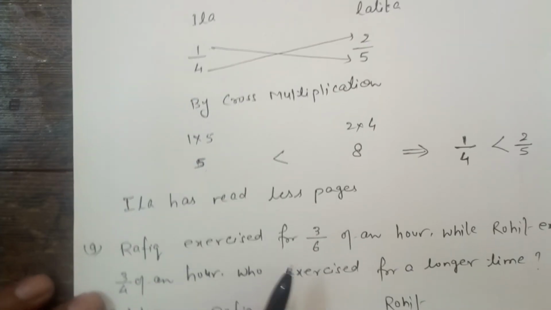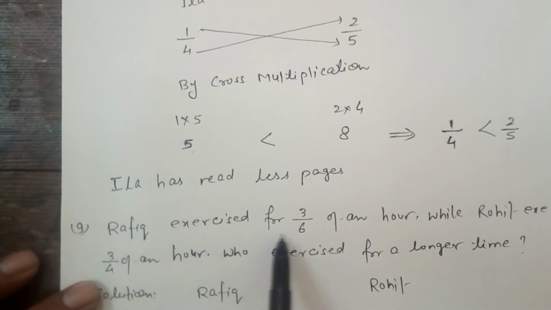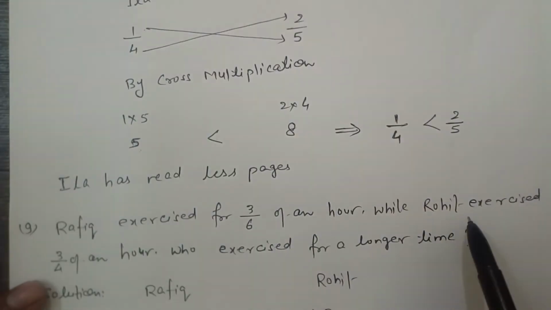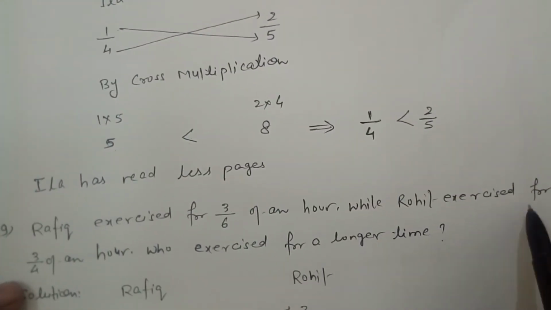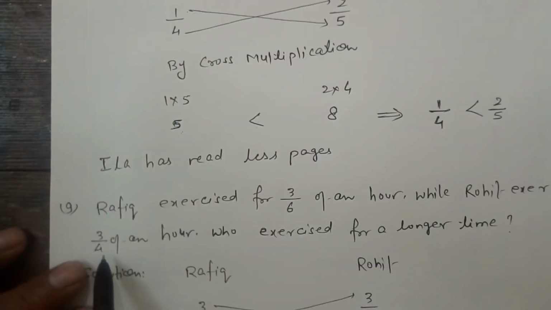My dear student, your next question is: Rafiq exercised for 3 upon 6 of an hour, while Rohit exercised for 3 upon 4 of an hour.